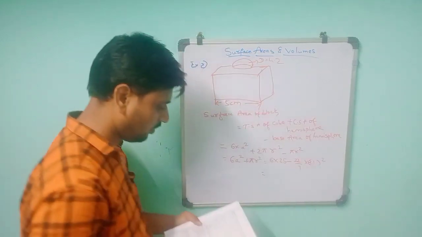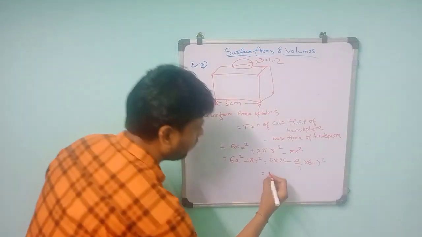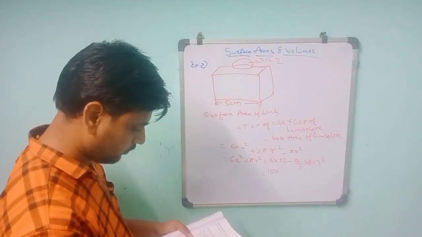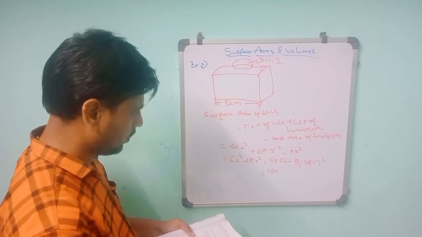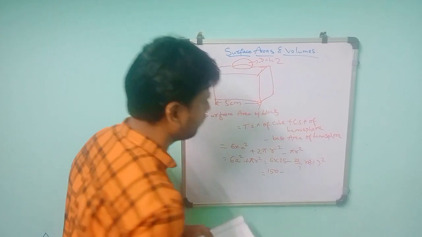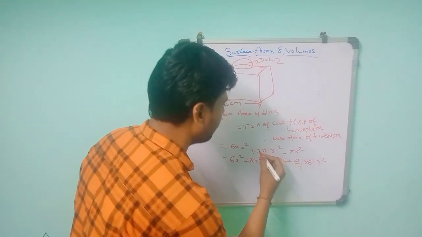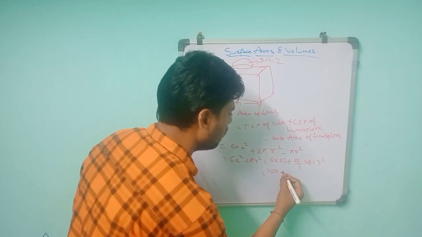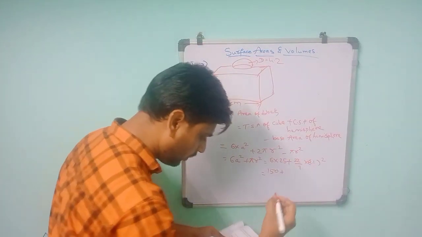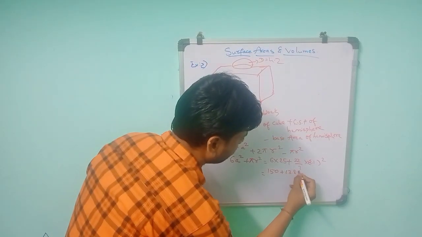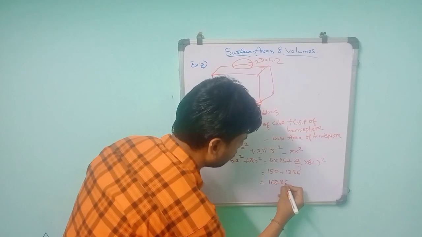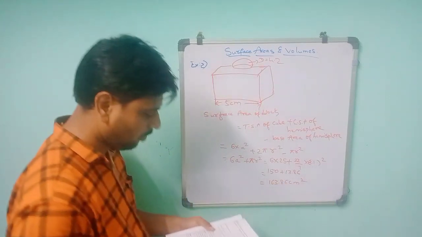This gives 6 into 25, which is 150, plus 22 by 7 into 2.1 into 2.1, which gives 13.86. So the total value will be 163.86 centimeters square.